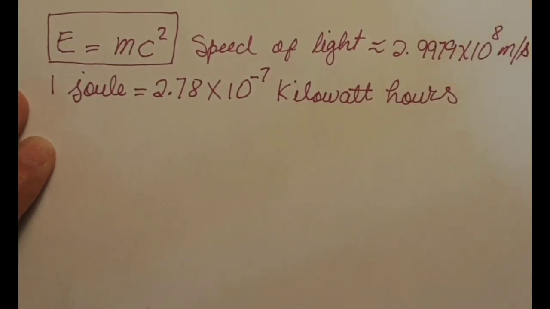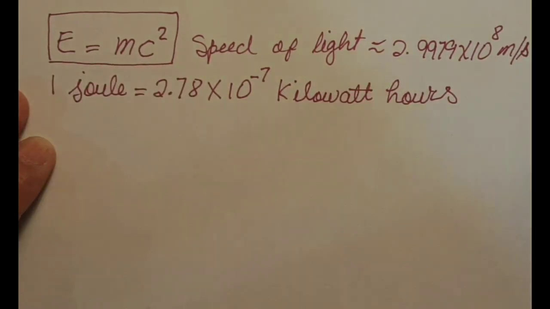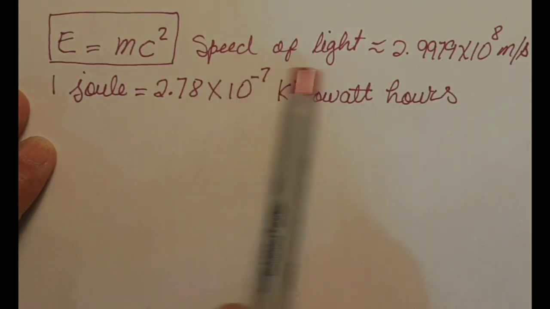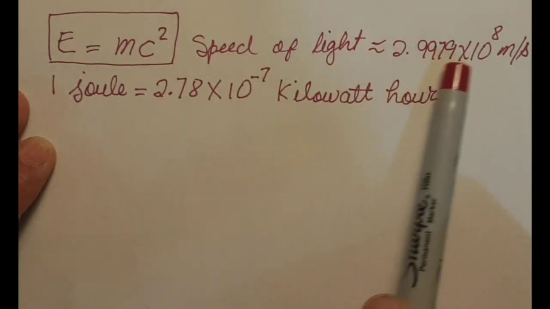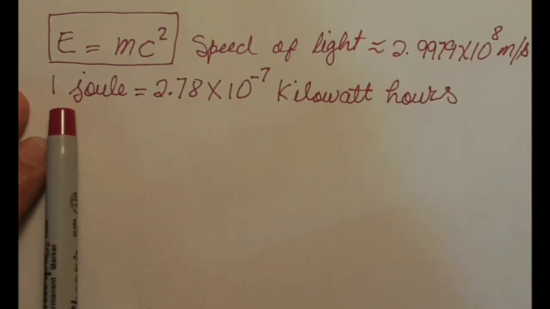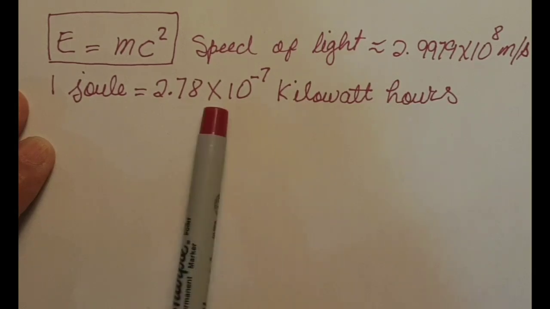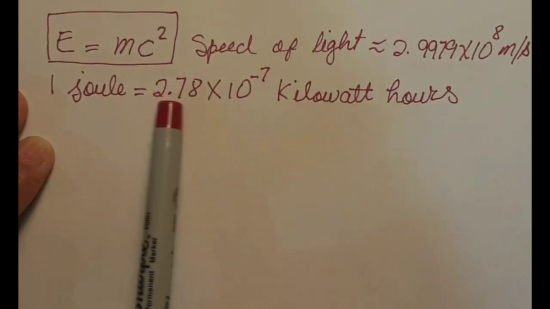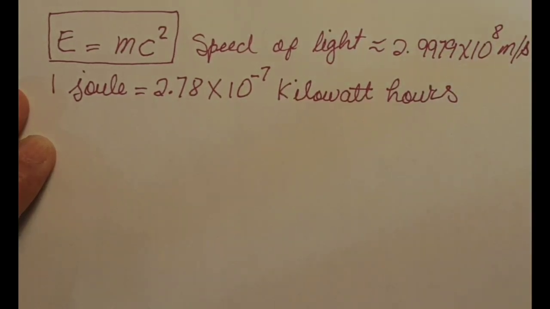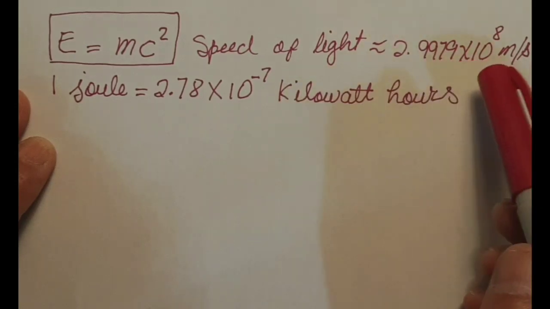Okay, we're gonna work with this equation, and they are giving us some information about the speed of light. This is the speed of light. And they give us another detail, that 1 joule is equal to this. This is the way scientists write big quantities.